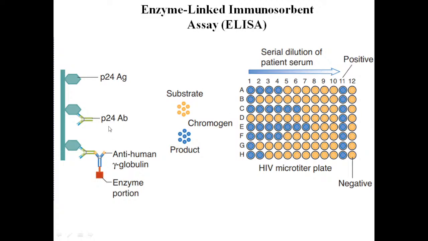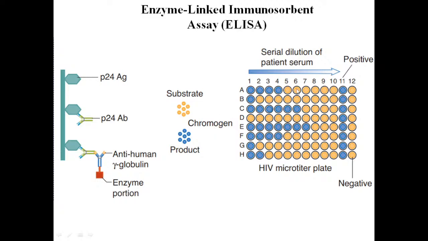We can't see whether antibodies are bound with antigens or not. We should add anti-human gamma globulin serum that is labeled with peroxidase enzyme. And we also can't see whether anti-human gamma globulin is bound with human antibodies that bound firstly with antigen or not. We should add chromogen.